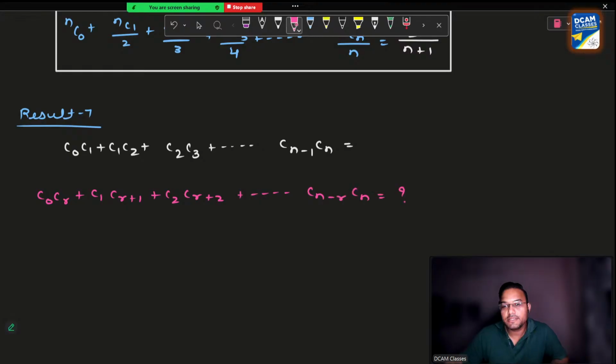Give me this result, because in this general result, if you put R is equal to 1, you'll be getting the above one. So rather than finding this above result, try to find this general result. Let's see you can do it or not.